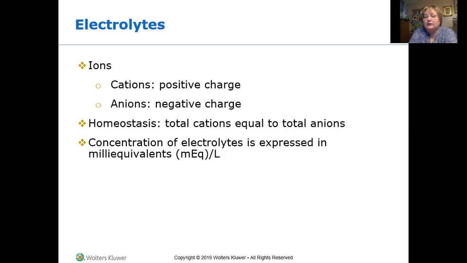The concentration of your electrolytes, say a serum sodium level or a serum potassium level, is normally measured in milliequivalents per liter. Normally when you administer, say, potassium, it's not in milligrams, it is in milliequivalents. So keep that in mind as we go through pharmacology.